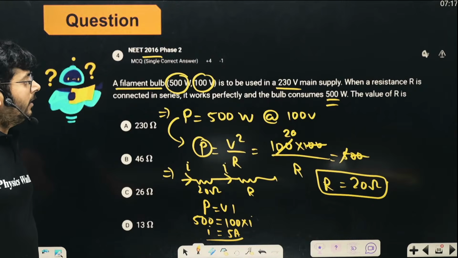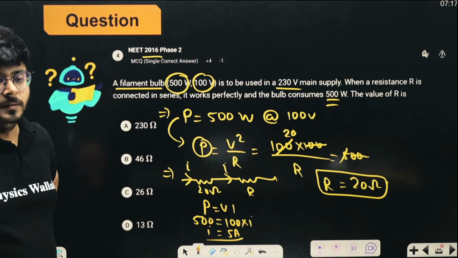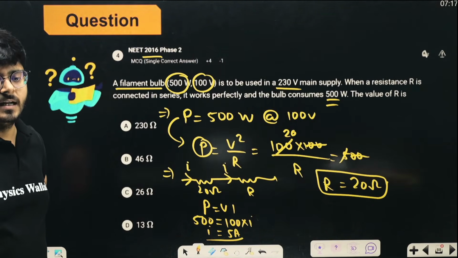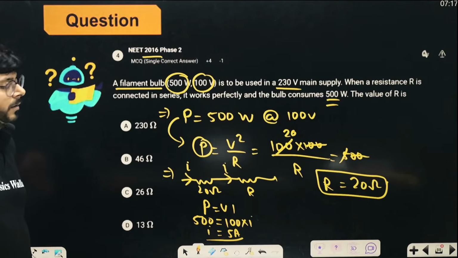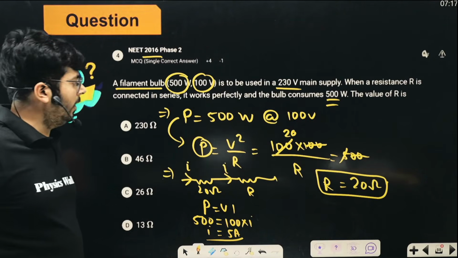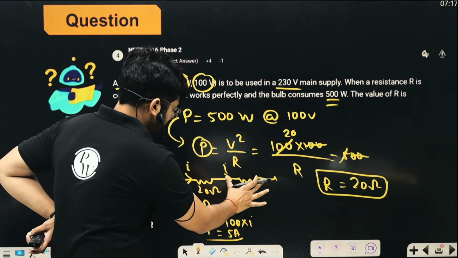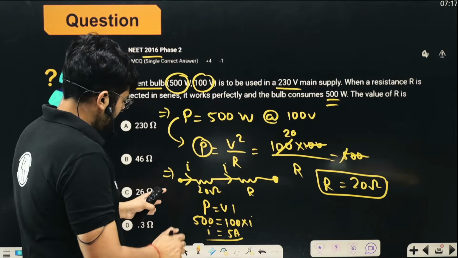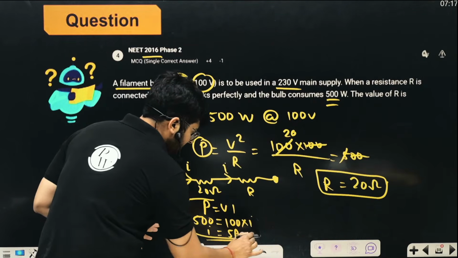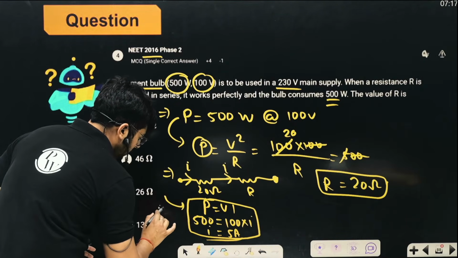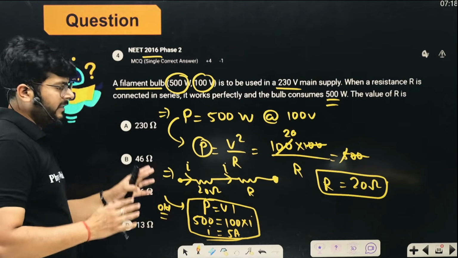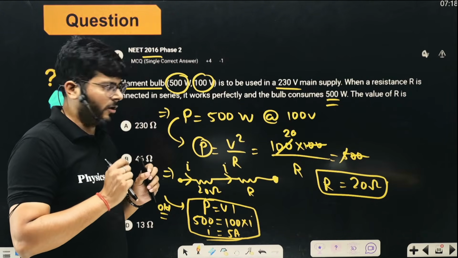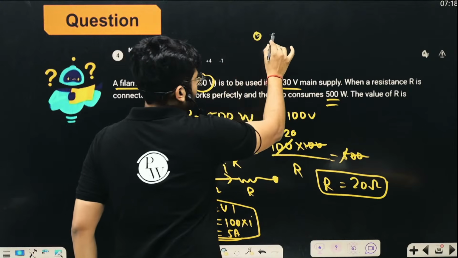So now, in a newer circuit, what do we want? Let me write it separately. This is for the old situation, where there was a 100 volt power supply across the bulb.